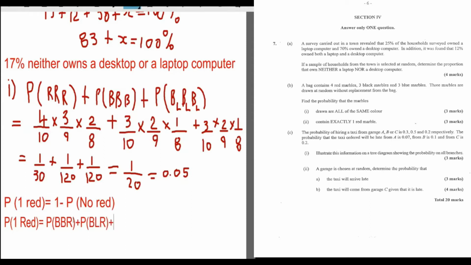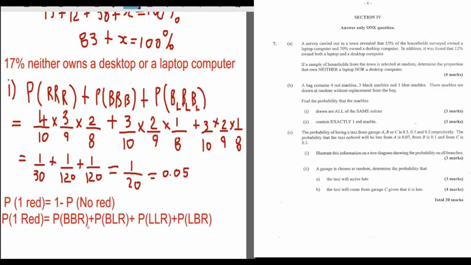It doesn't matter, it's just 1 red there. Plus the probability of getting a blue, then a black, then a red. That would be the probability of getting 1 red.